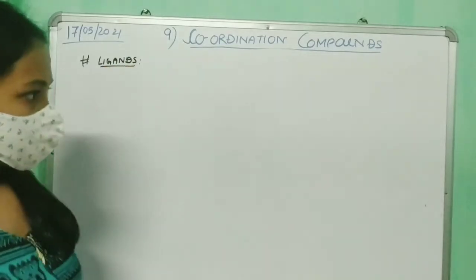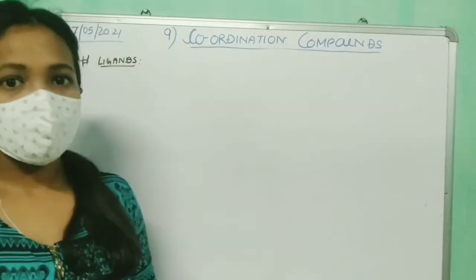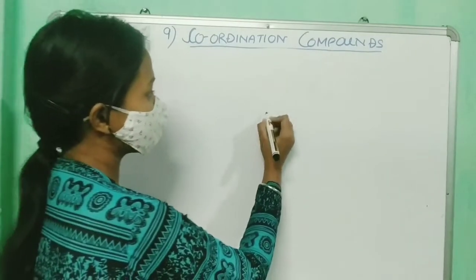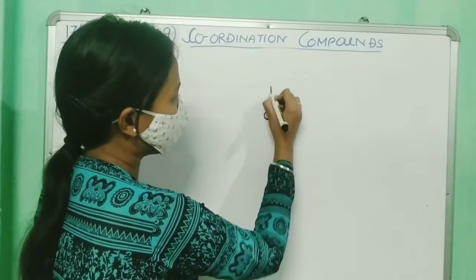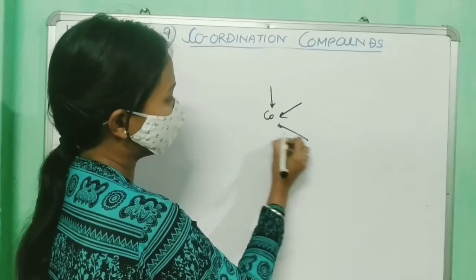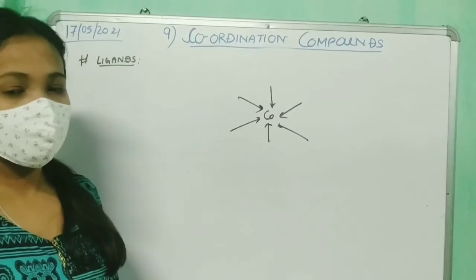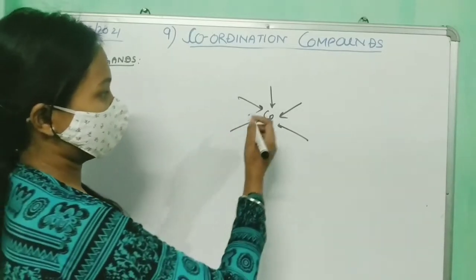Alright, so suppose I am taking an example of a complex, copper, and it is surrounded by some ions or neutral molecules that can donate a pair of electrons to the central metal ion, right?